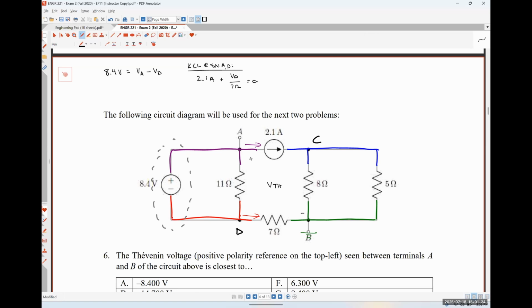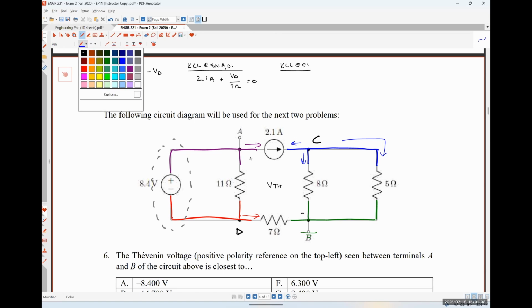Now I'll need to write a KCL equation at node C. That's going to be this one plus this one plus this one. So that would be negative 2.1 amps plus, I'm going to be lazy here, VC over 8 ohms in parallel with 5 ohms.